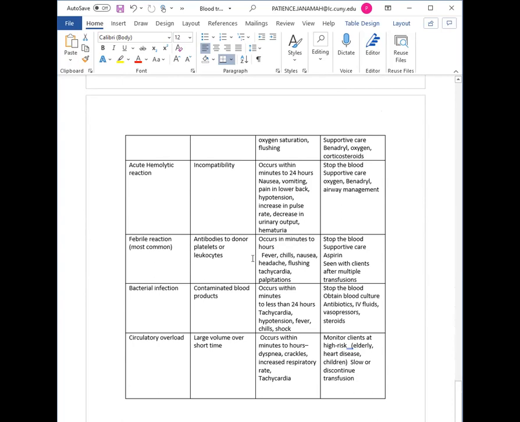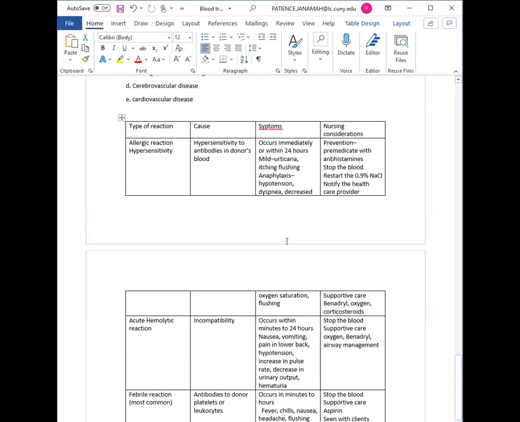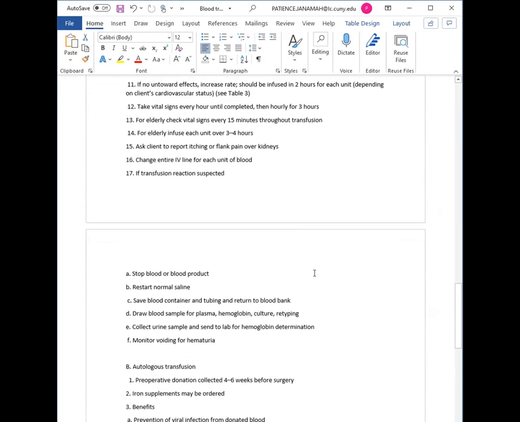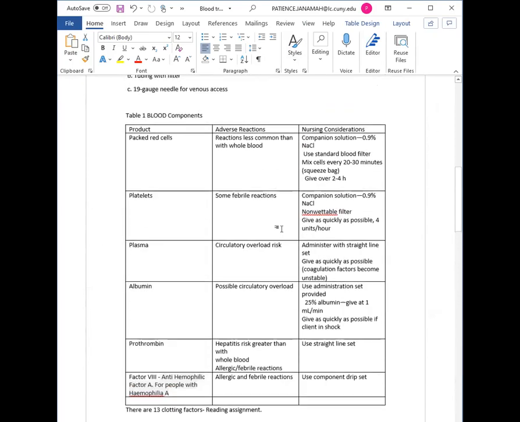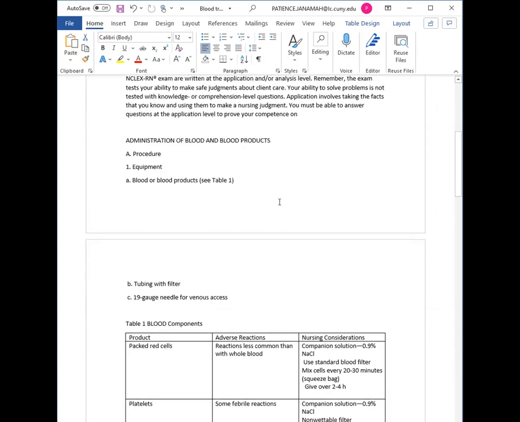So NCLEX is going to present you with a particular type of transfusion reaction. They will present the symptoms that occurred. They didn't occur 24 hours after the blood. They didn't occur within 12 hours after the blood administration. Then they want you to know. So you can go over the table and it will help with your blood transfusion questions too. It will be fine.